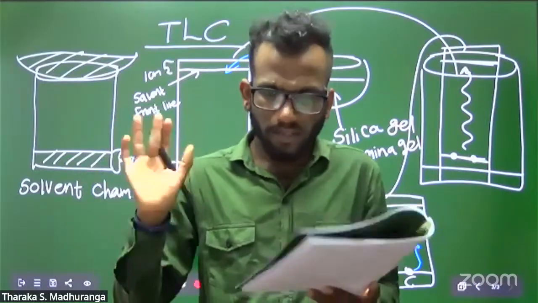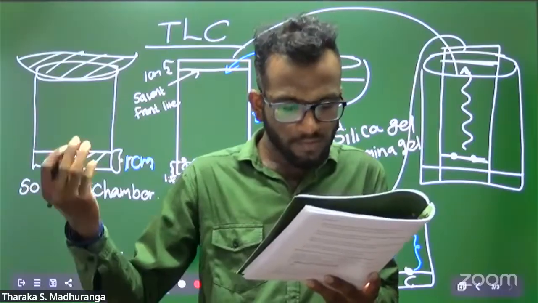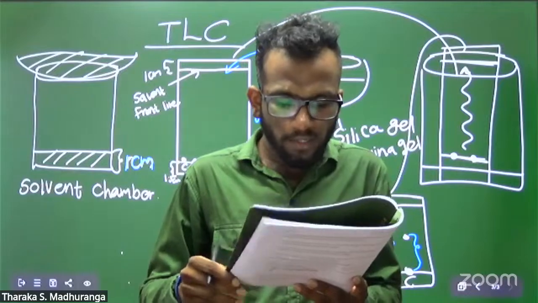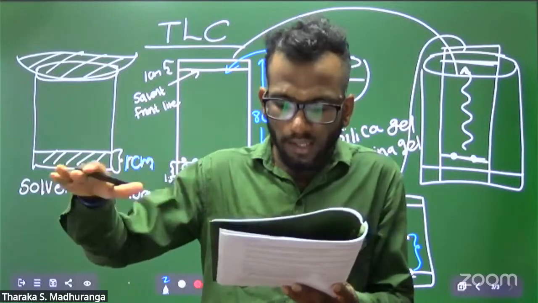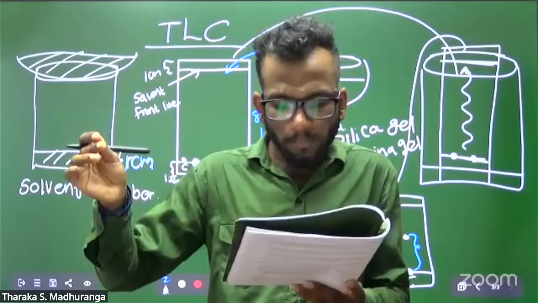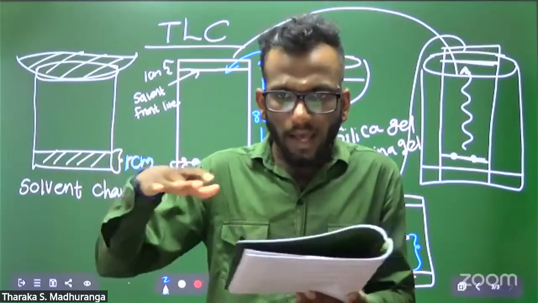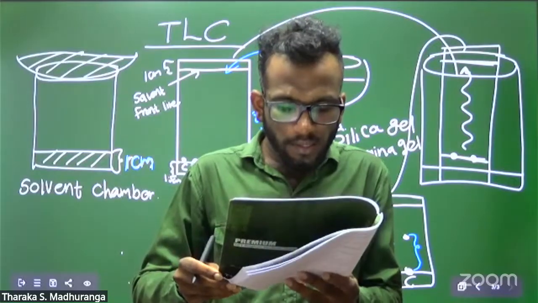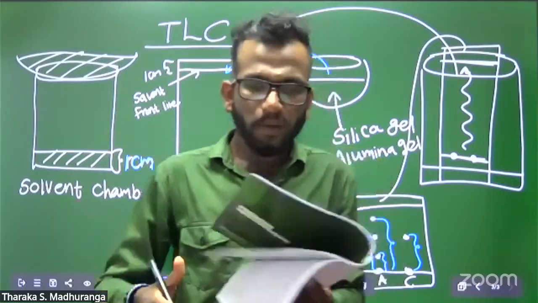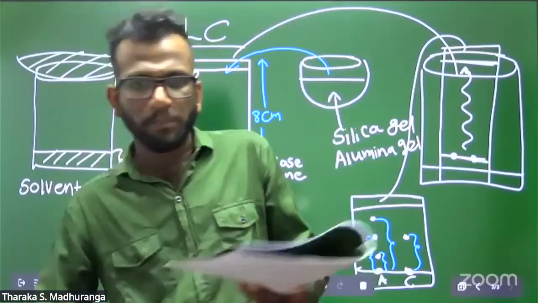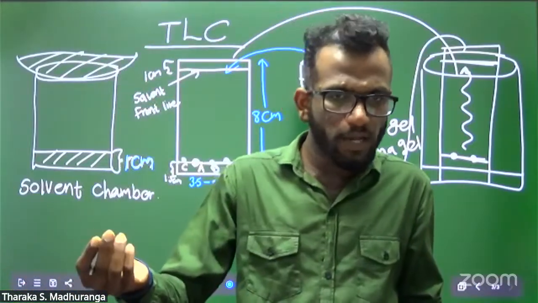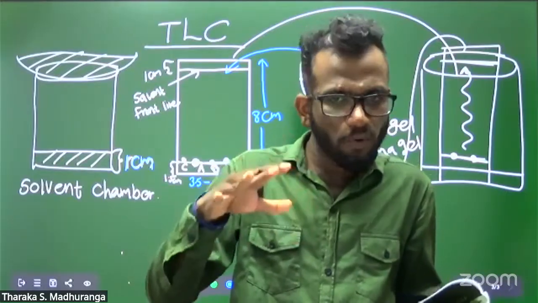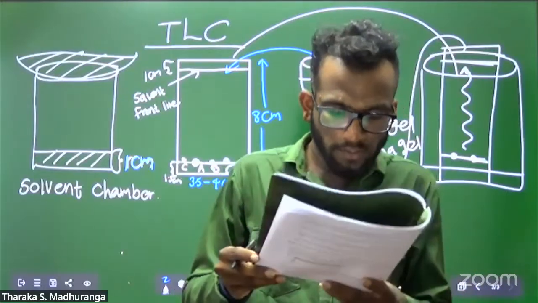Whatever amount of silica gel solution we need to make, spread it evenly as a thin layer on a glass plate. By drying at room temperature for some time, a thin silica gel layer is formed on the glass plate. Very simple.